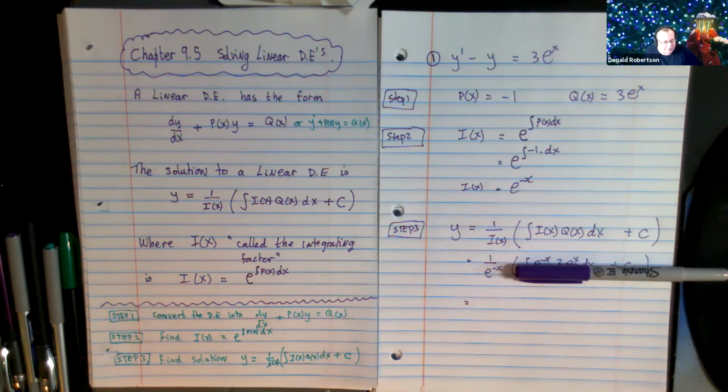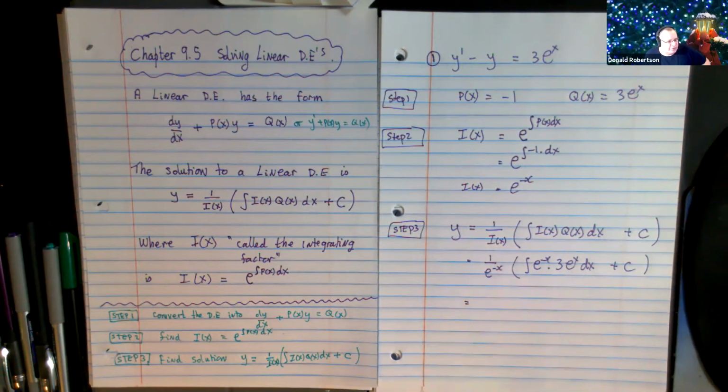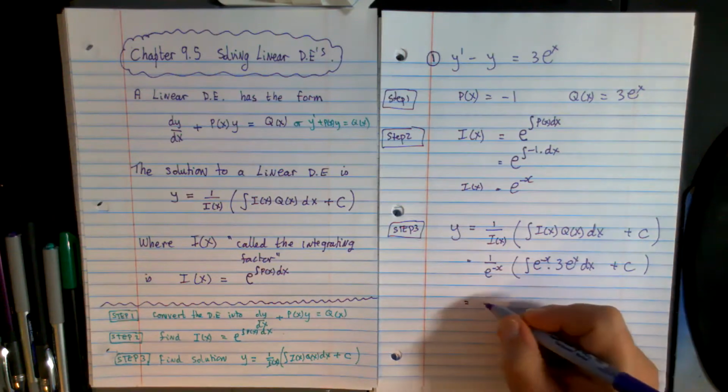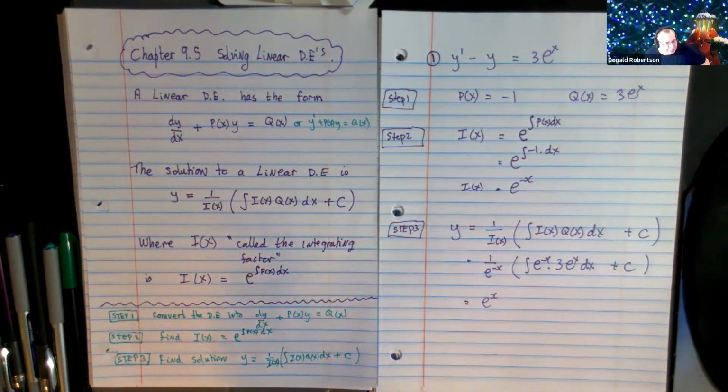1 over e to the -x is not a very nice way of writing that. Would you agree you could write it a better way? What would 1 over e to the negative x look like if you did it in a different form? E to the x. Right, perfect. Isn't that the negative power on the bottom is the same as its positive power on the top, right?